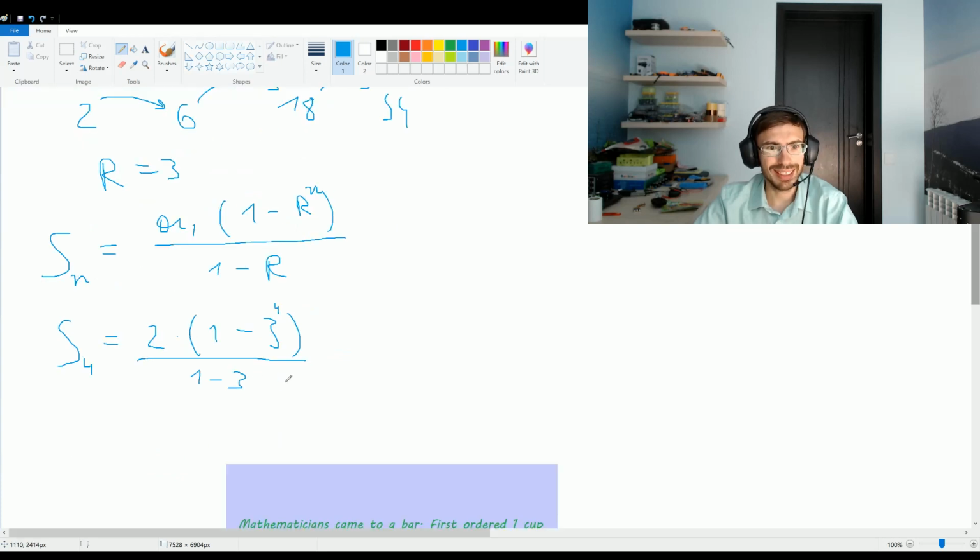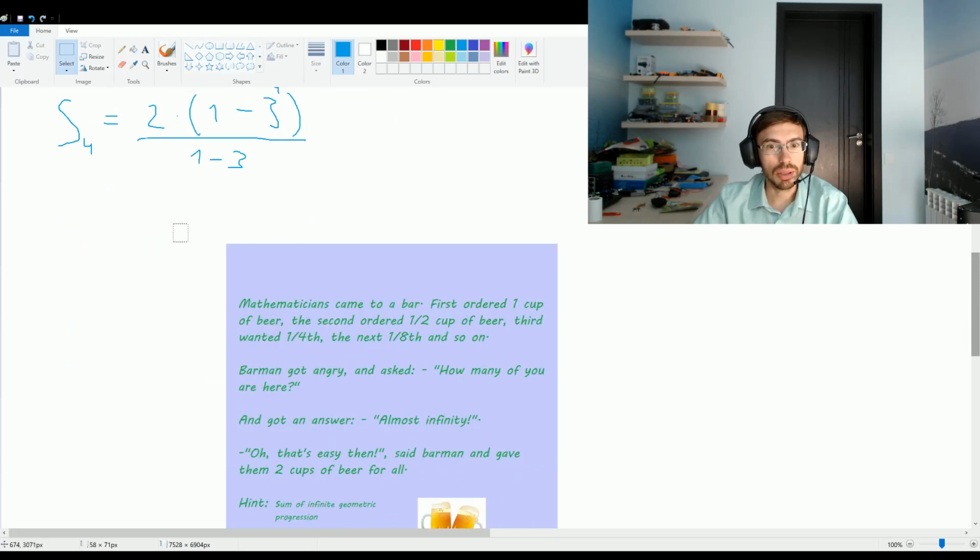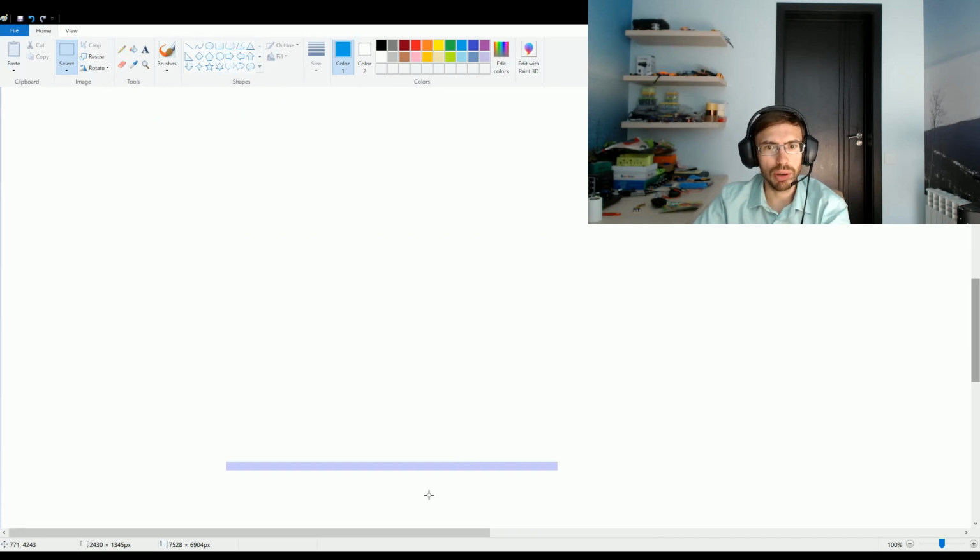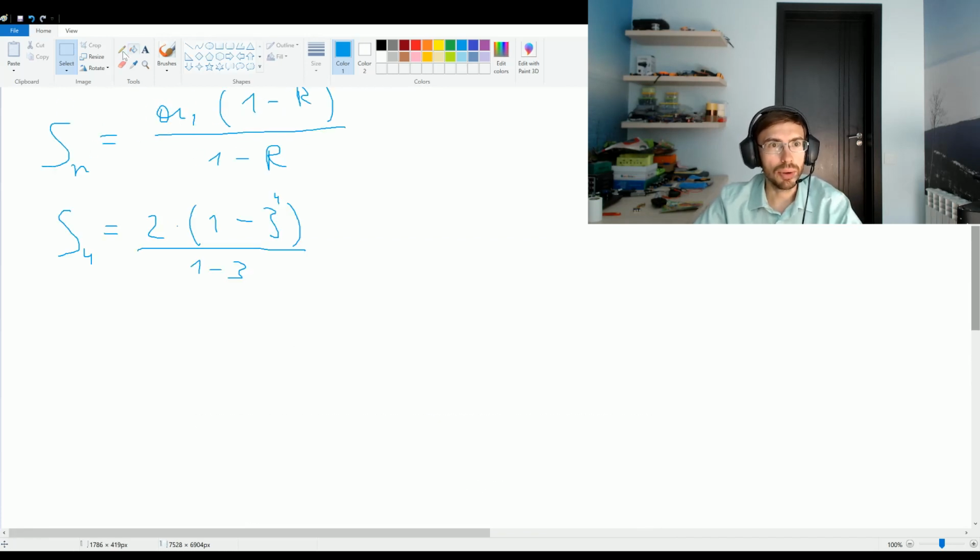Let's see now the result of this geometric progression. Let's calculate it. So what will be 3 power 4? Well, 3 power 4 is 81, so it will be 2 times 1 minus 81 over 1 minus 3. This is the sum of the first 4 terms.